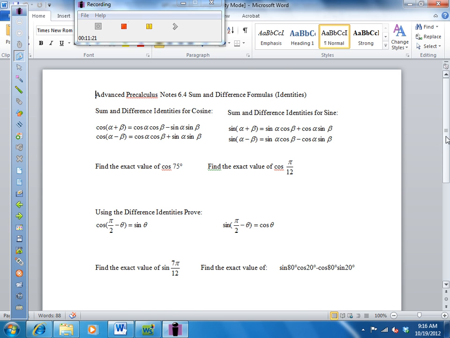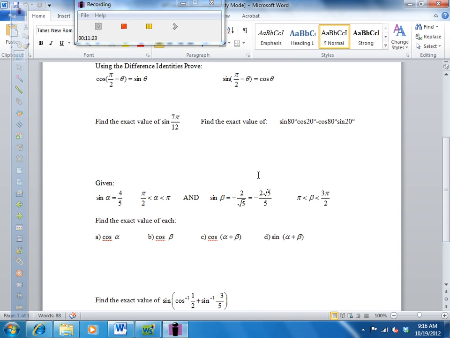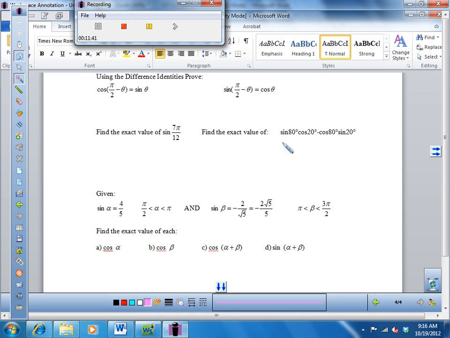I'm not going to do this one here because I did one just like this. This one is one that people get wrong, and what you have to do is recognize this. Watch how you do this one. This looks like the sine formula for subtraction.